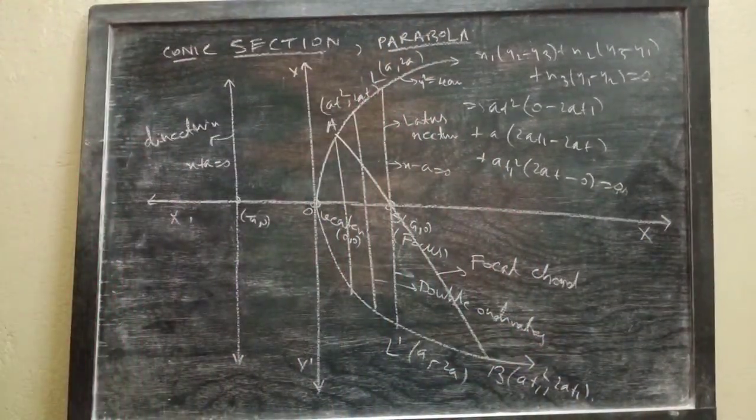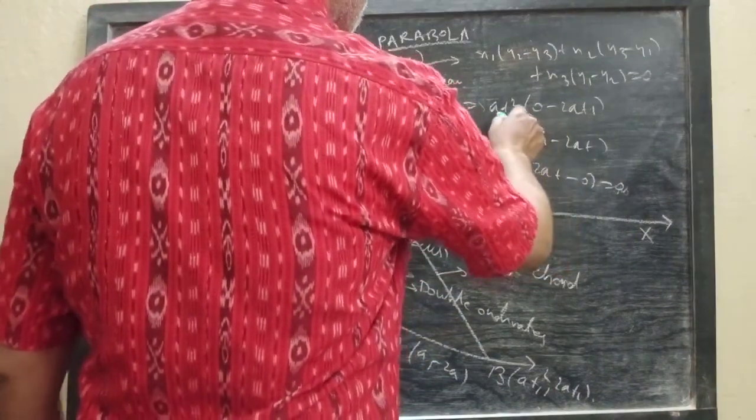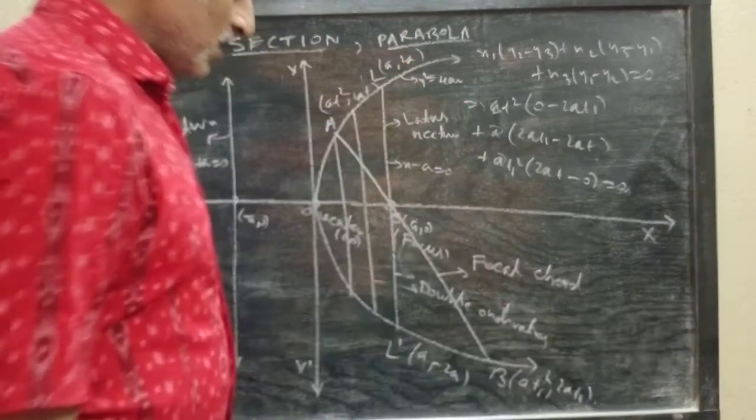Now you have to simplify it. Every term contains a, so divide both sides by a.